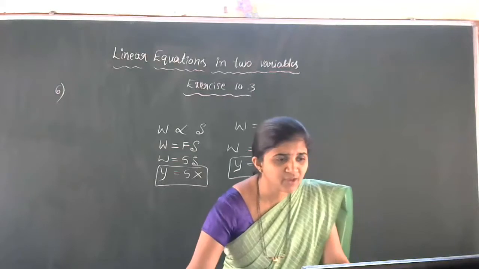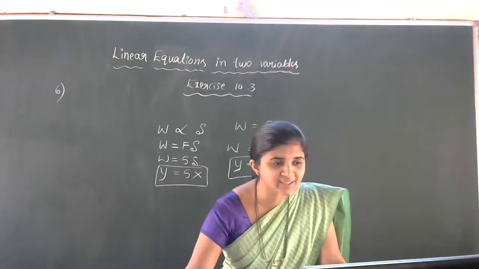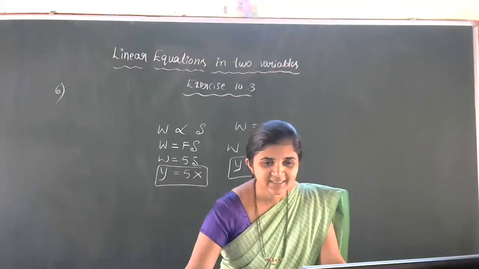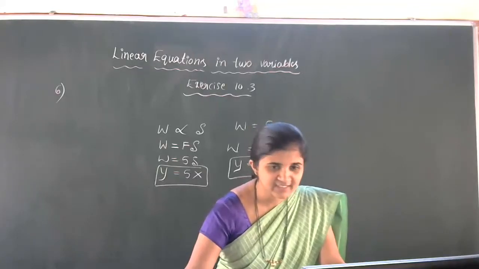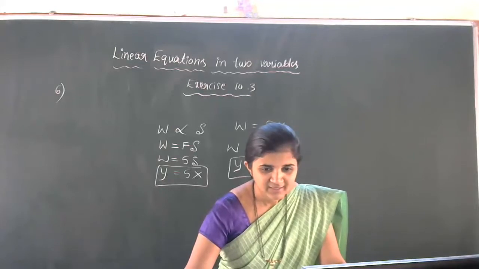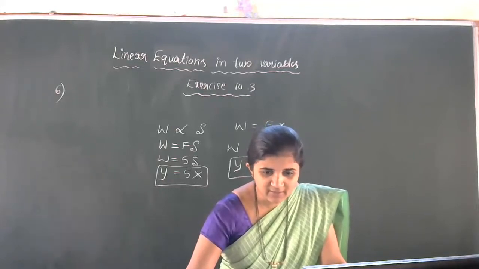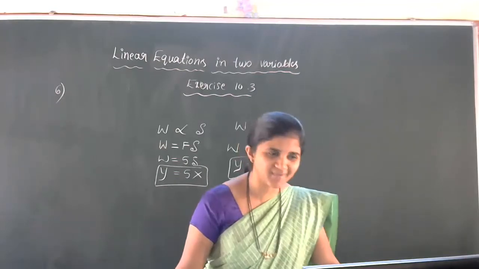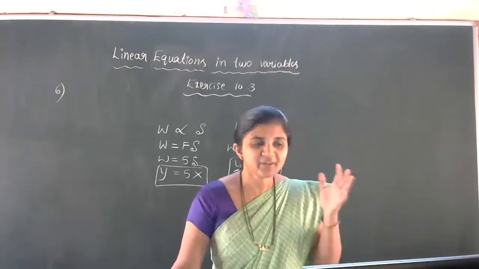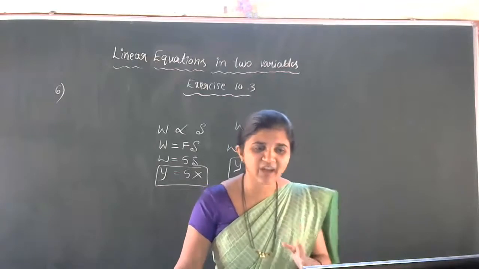Yes, how many of you got y is equal to 5x? Yeah, Vaishnavi Aragde, Swasti. Okay, next. I got W is equal to 5x. Yes, of course, same answer only. But we are considering that W as y, Danya, here.